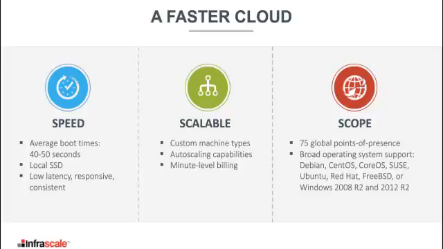A third thing that is relevant is scope, right? Where you have points of presence. These days, what we find is that a lot of countries have put in place data sovereignty laws. And data sovereignty laws basically say that businesses have to keep their data in their country, right?